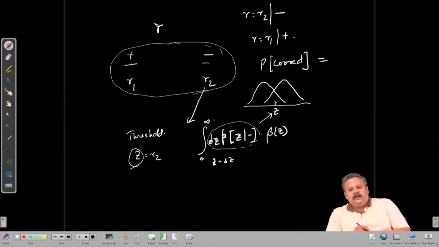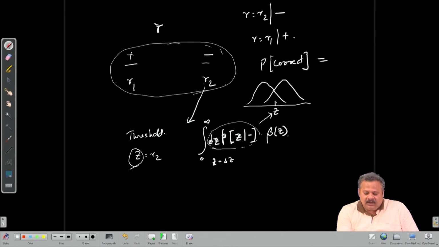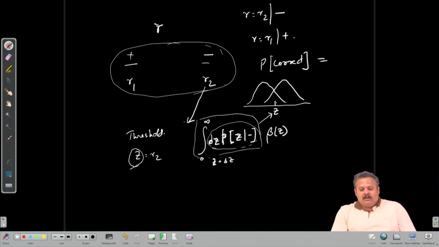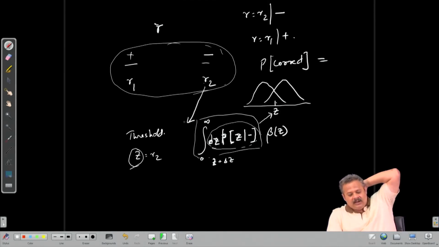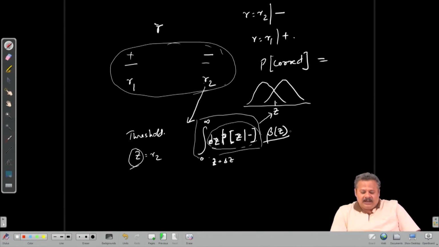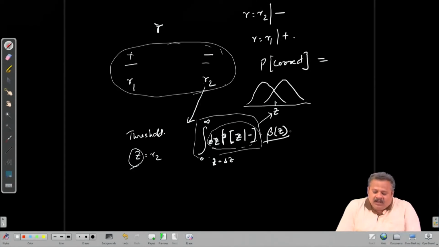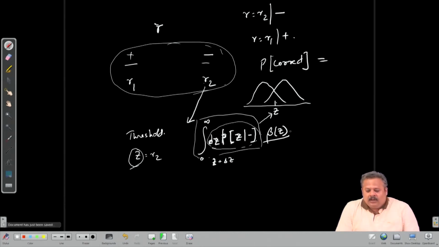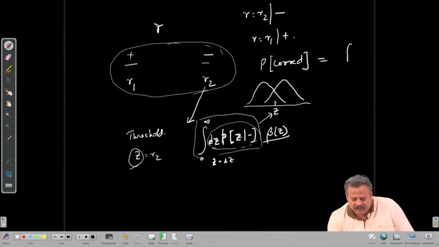So what we are doing is we are saying what is the probability that the rate observed given a minus stimulus is Z, which is the integral of this without the beta Z. But then we have to also be correct in the sense that the first rate has to be greater than Z, which is the probability of hit, and that is beta Z. So, if you multiply these two and integrate, we basically get the probability of correct.